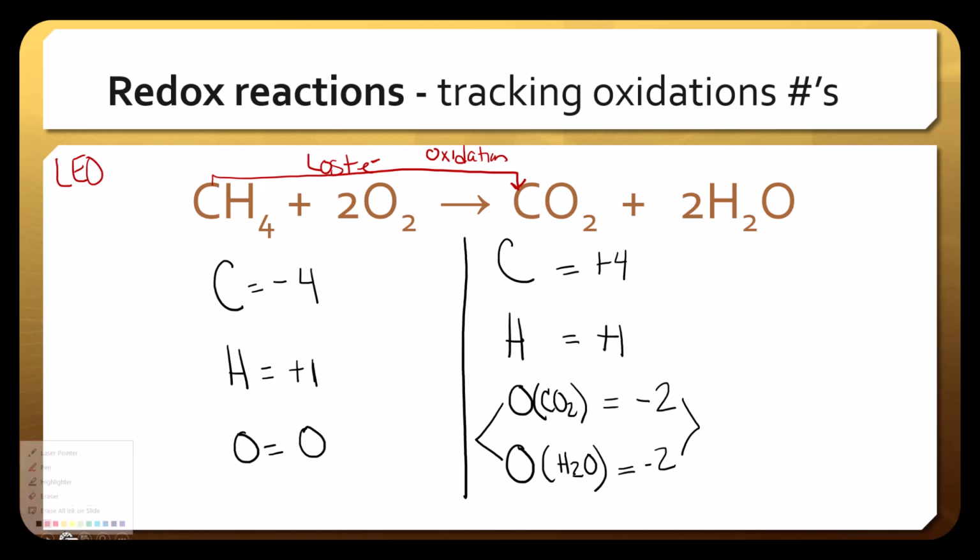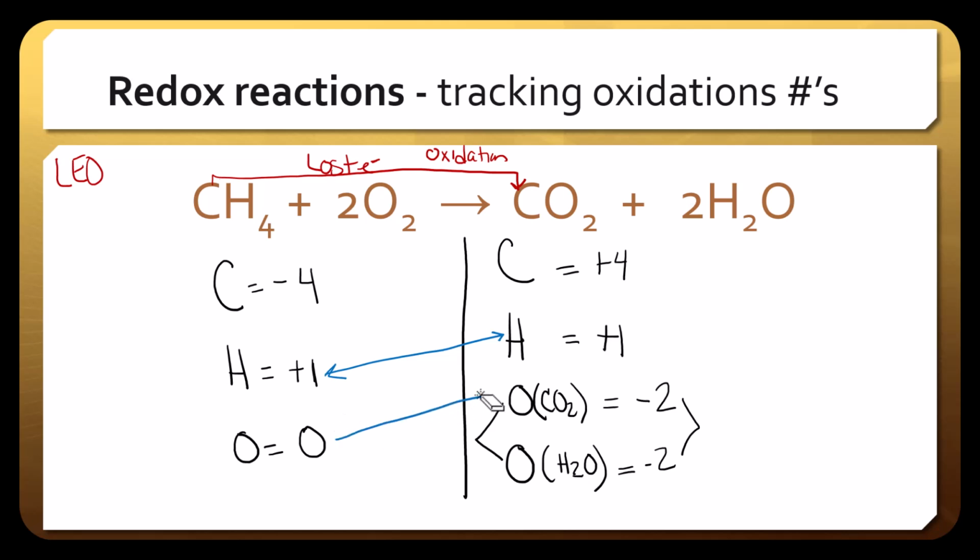That means there must be a reduction somewhere. There must be somebody gaining electrons. If I look at hydrogen, hydrogen started with an oxidation number of +1 and ended with an oxidation number of +1. He didn't change. He didn't lose or gain. He just stayed the same.